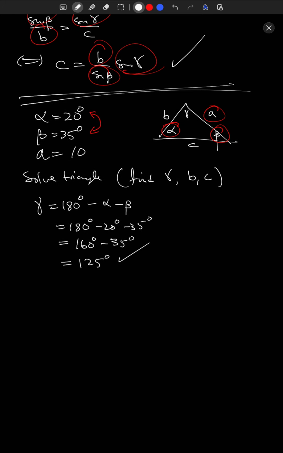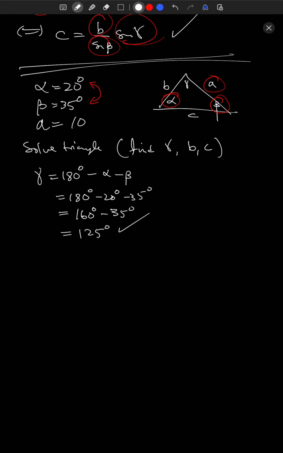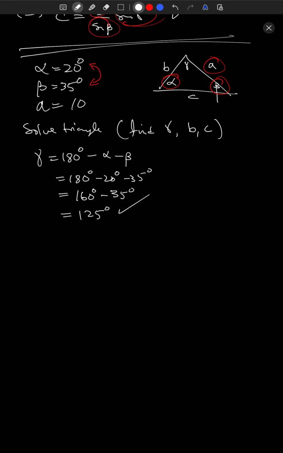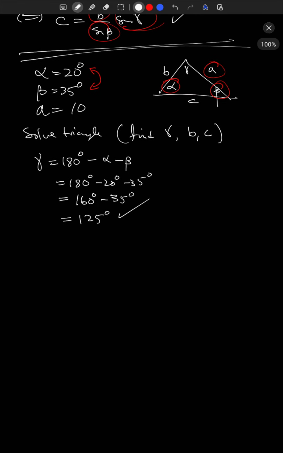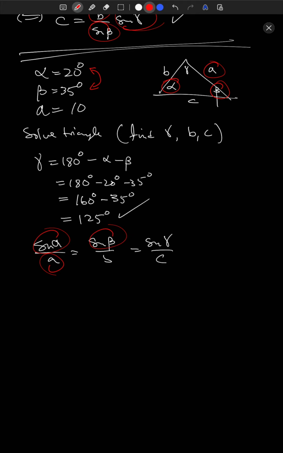All right, so we've got our gamma. Now let's actually start to use some technology, the law of sines. The law of sines tells me sine of alpha over A equals sine of beta over B equals sine of gamma over C. Again, what do we know? We know A, alpha, beta, and at this point, gamma.